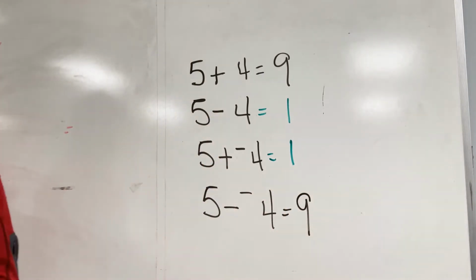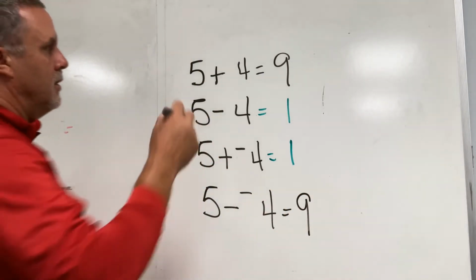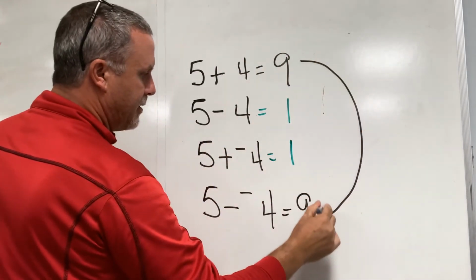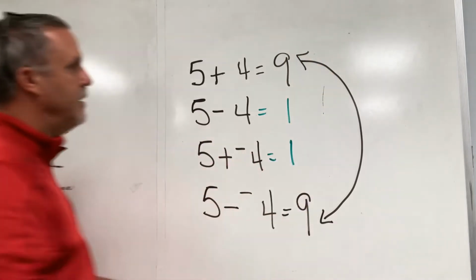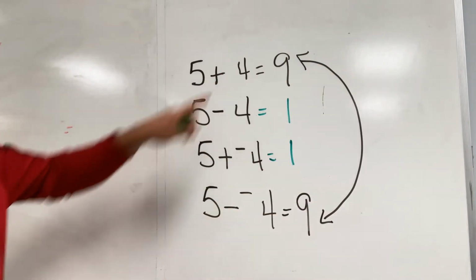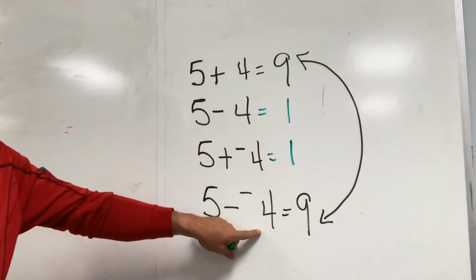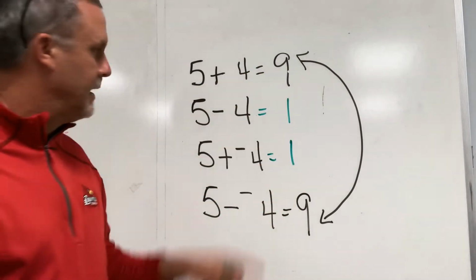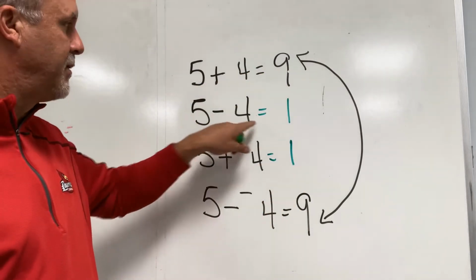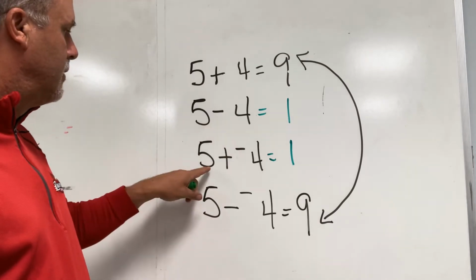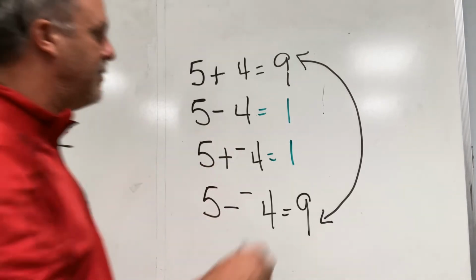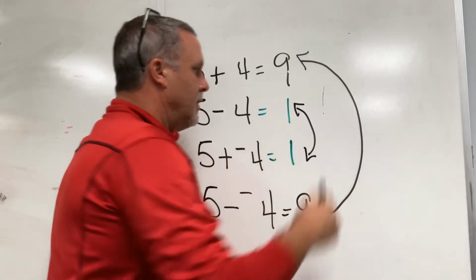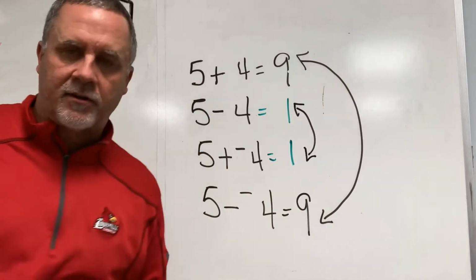So let's take a look at that for a second. Addition and subtraction of a negative, okay? Up here we were adding a positive 4. Here we were subtracting a negative 4, yet we got the same answer. In the middle, we did 5 minus 4 and we got 1. We also did 5 plus a negative 4, and we got the same answer.